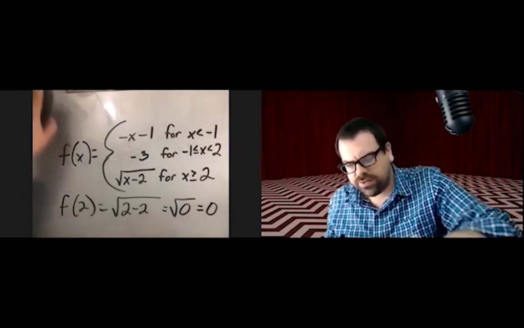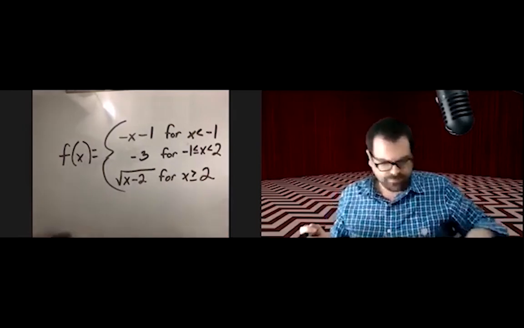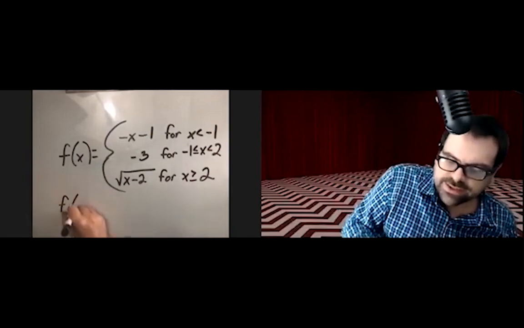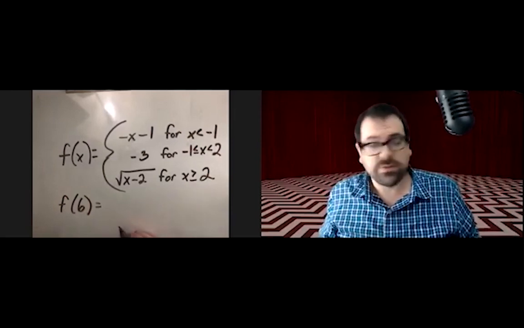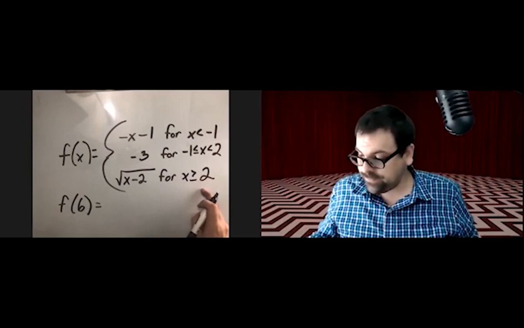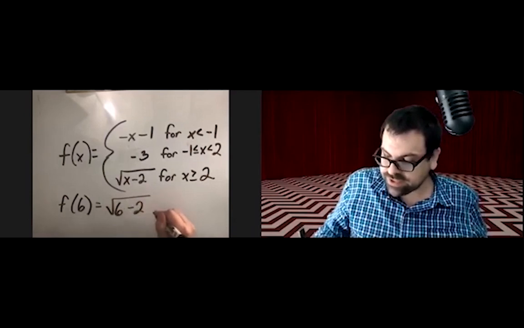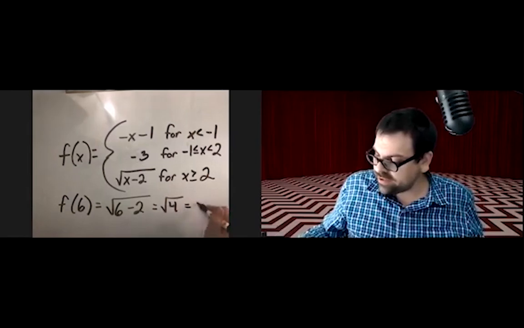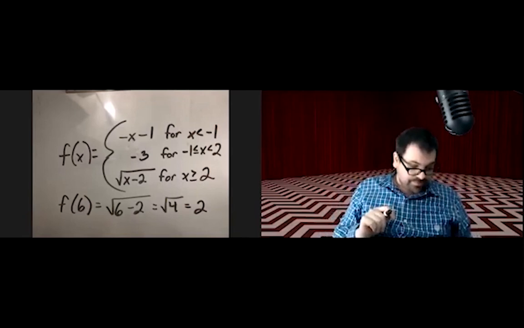Finally, for this function, let's take a look at f of 6. Where does this fall? 6 is greater than or equal to 2. So it's the radical again. Radical 6 minus 2 is radical 4. And since we're just evaluating the symbol, that is the positive version only. f of 6 is 2.